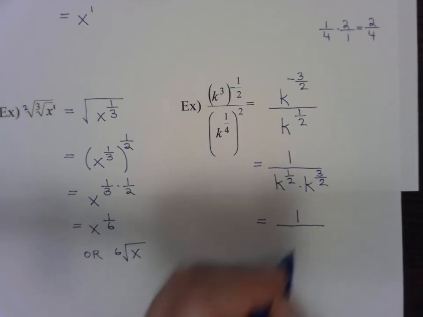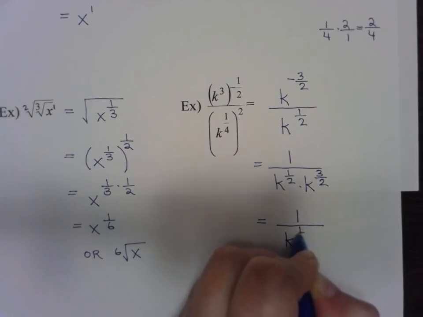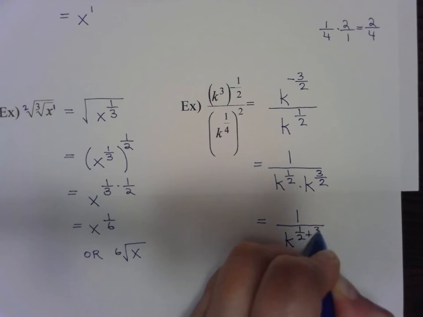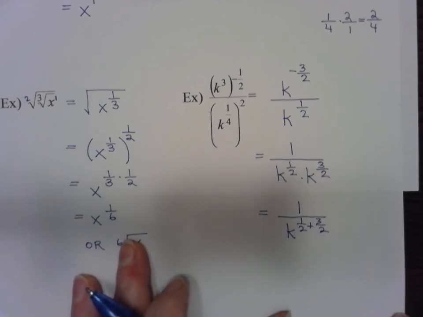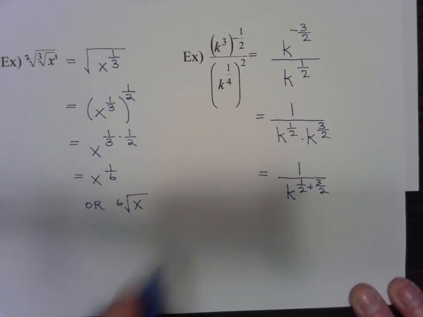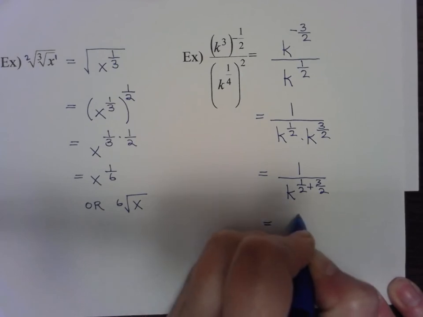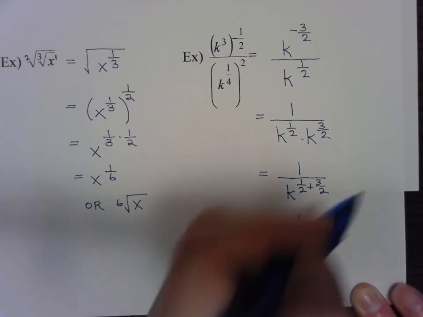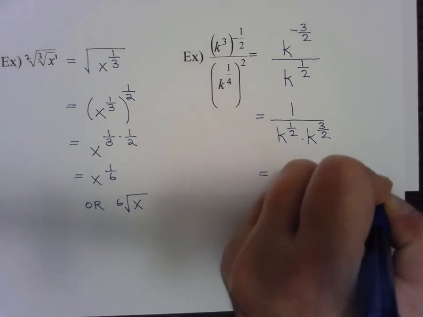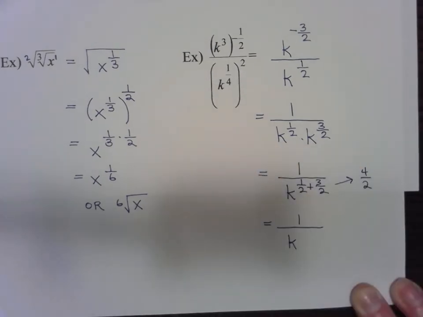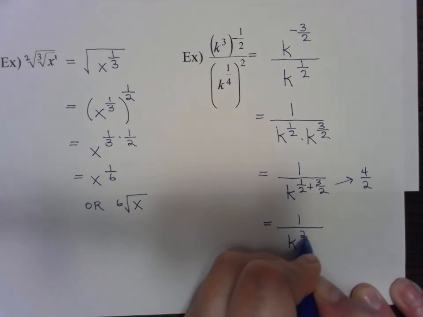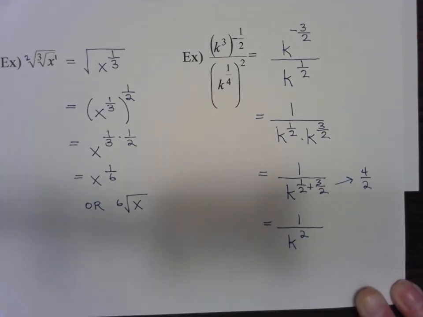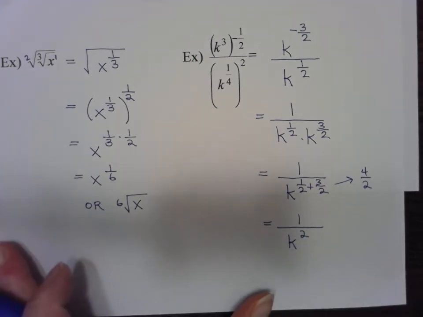I need to add them. So 1/2 plus 3/2 would be 4/2. The 4/2 would be 2. So I get 1/k².